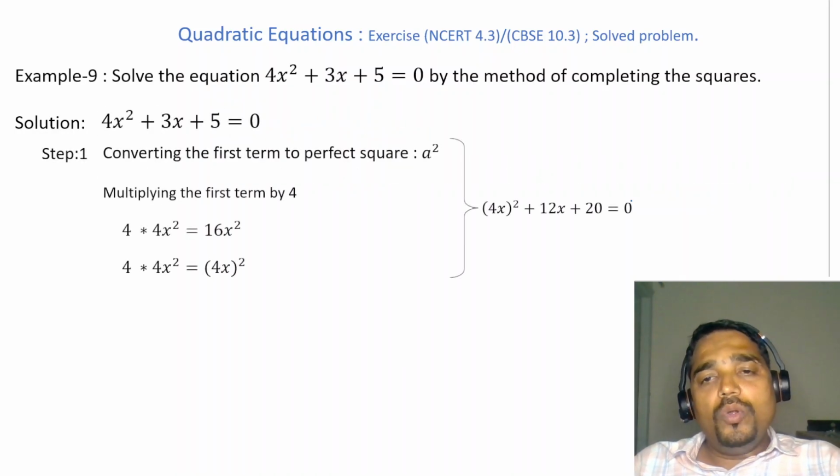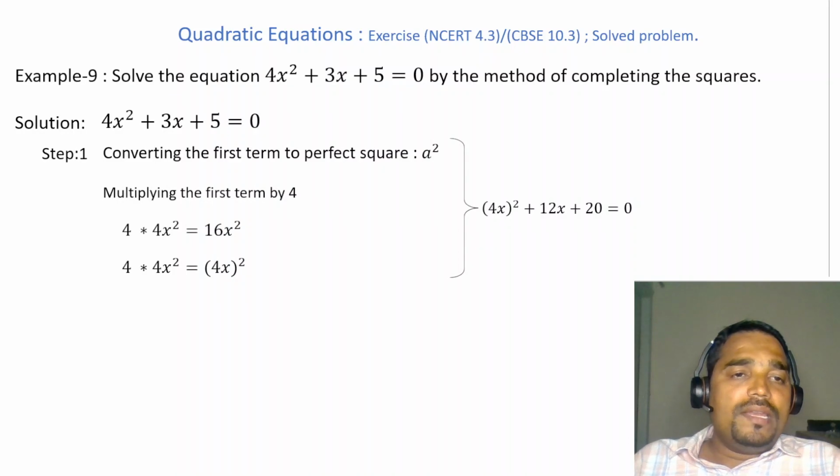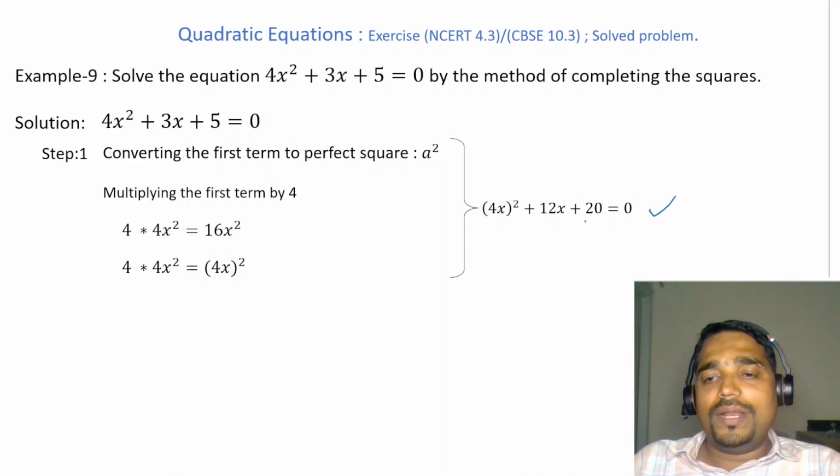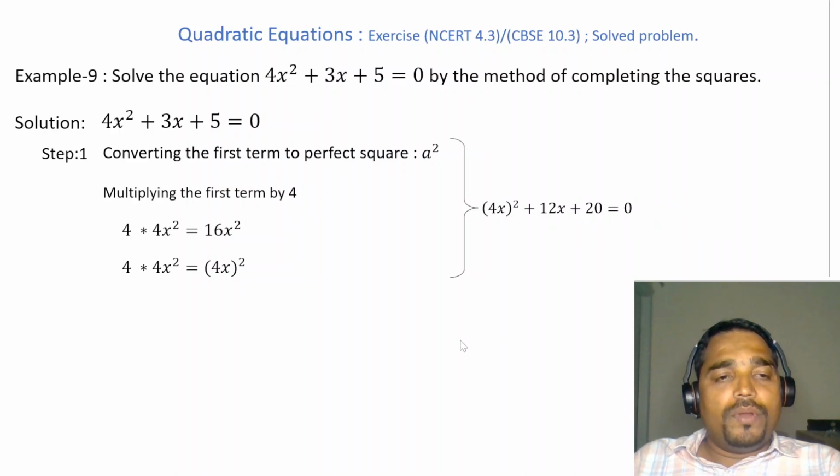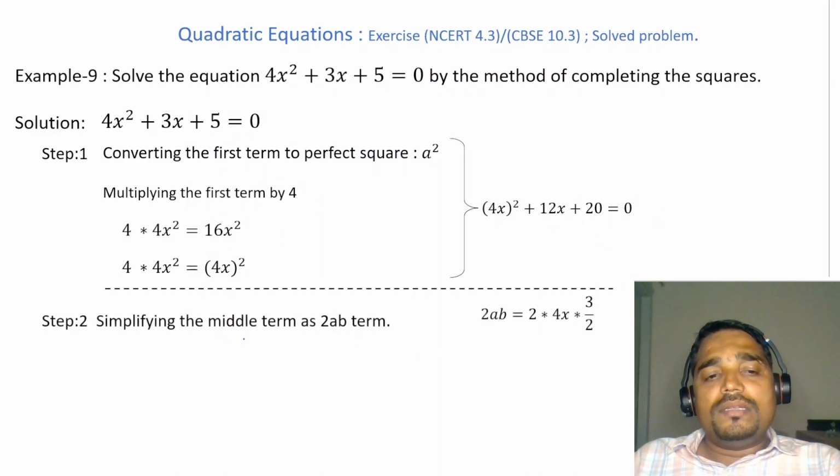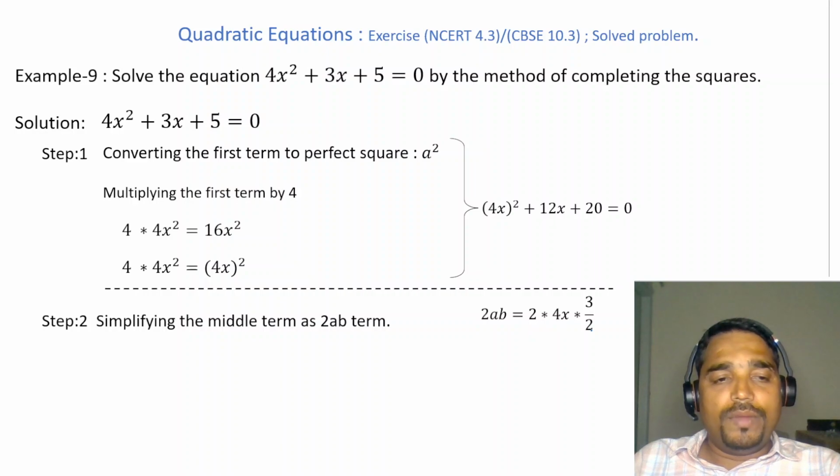In order to conclude, the steps that we have done are: in step number 1 we have multiplied the first term by 4, wherein we have got the equation as (4x) whole square plus 12x plus 20 is equal to 0. In step number 2, in order to express the middle term as a 2ab term, we have expressed it as 2 into 4x into 3 by 2.